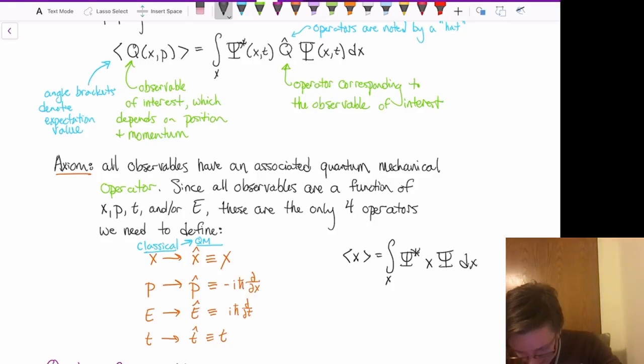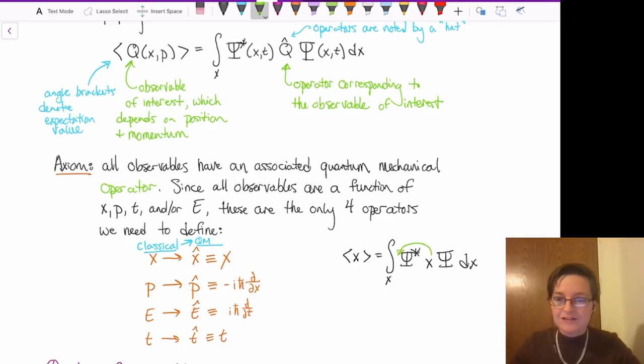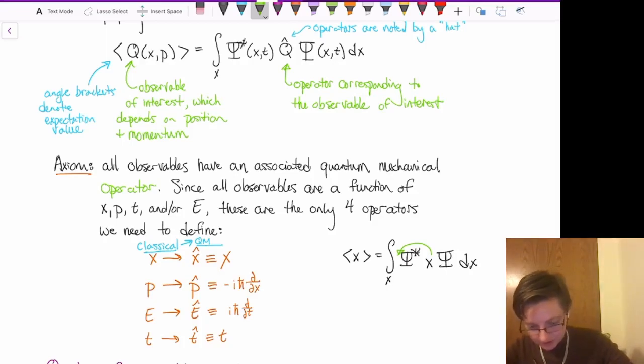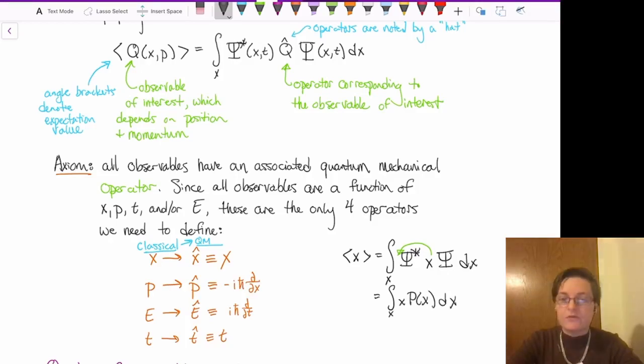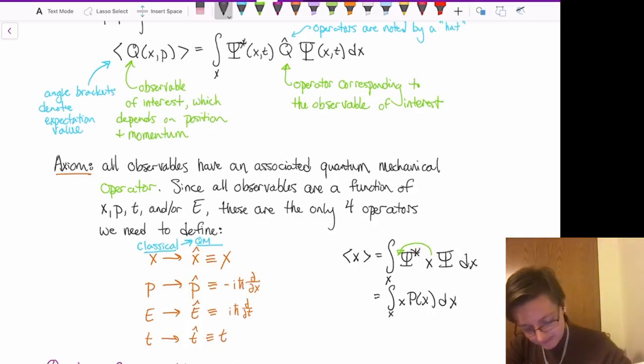And you'll notice if I just move this x over, which I can because x is boring, this looks exactly like the formula that we had for expectation values in our first lecture. The only substitution you have to do is remember that psi squared is equal to p of x. And so we're right back at our formula for expectation values from our first lecture.